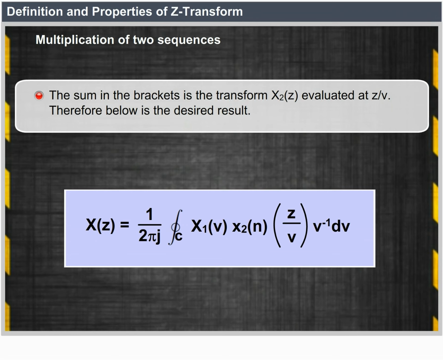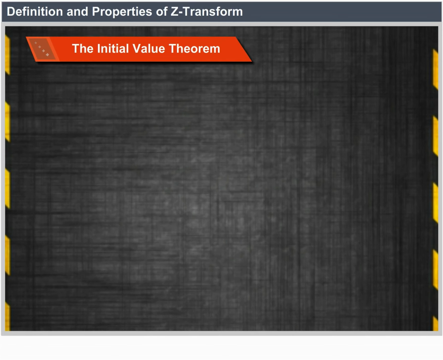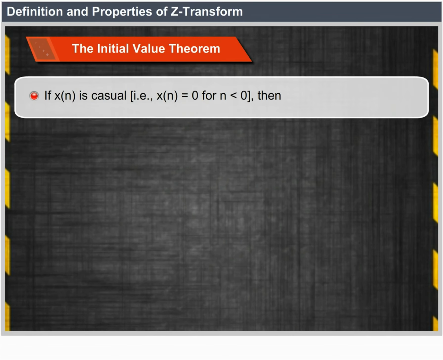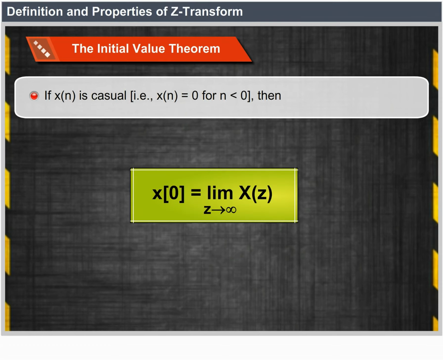The initial value theorem. If x(n) is causal, that is x(n) equal to 0 for n less than 0, then x(0) equal to limit z tends to infinity X(z). Proof.